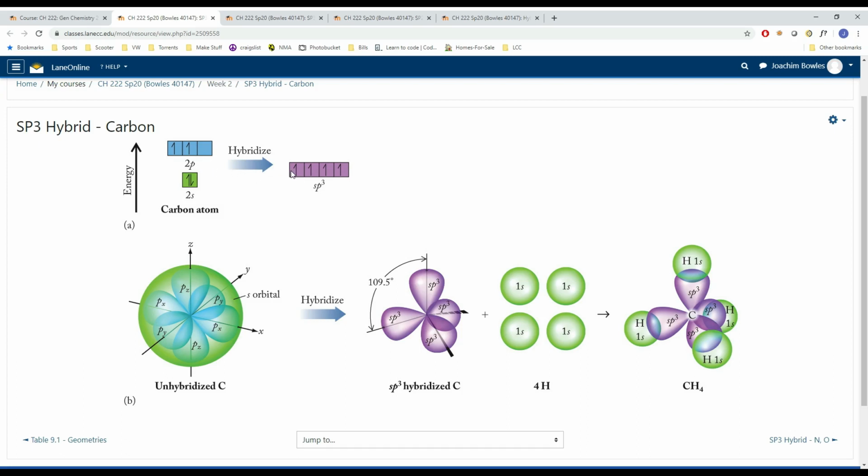What happens is that these remixed orbitals energetically land somewhere between the high and the low of the atomic orbitals, somewhere between the 2p and the 2s. So it's more energy than a 2s by itself, but less energy than 2p orbitals. And these are all degenerate. These are all the same energy level.